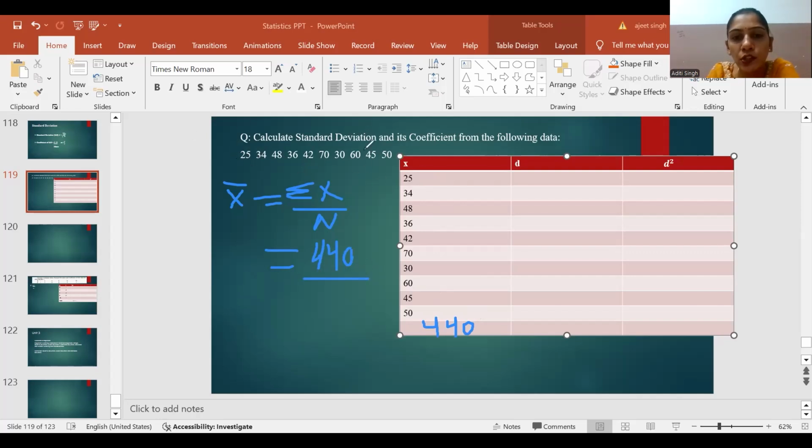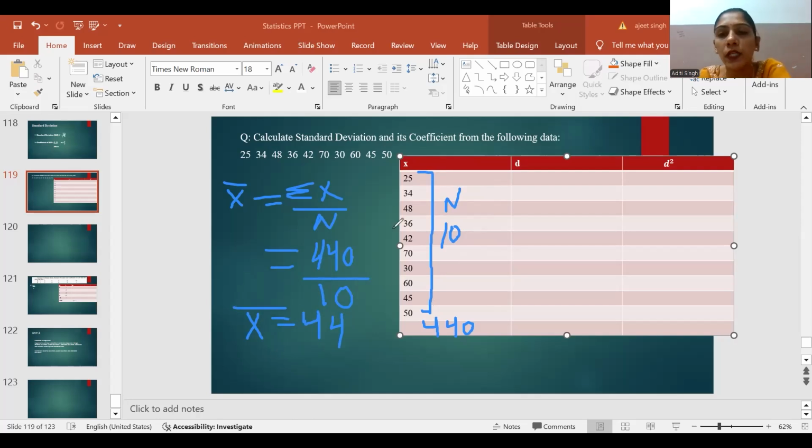In this question, the total number of items is 10, so the value of n is 10. Now putting this value of n in the formula, 440 divided by 10 is 44. So the value of the mean, x bar, is equal to 44.